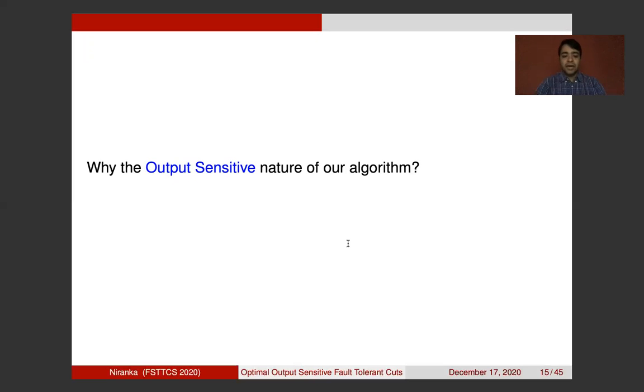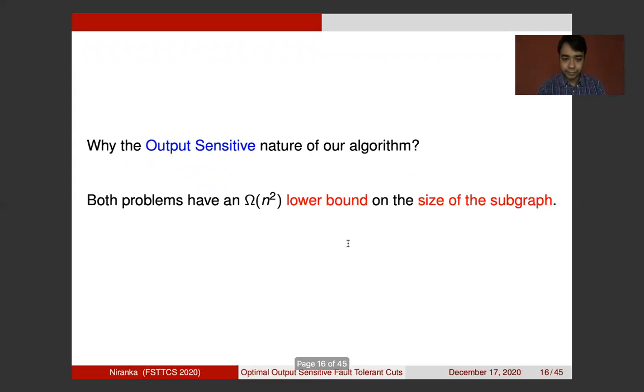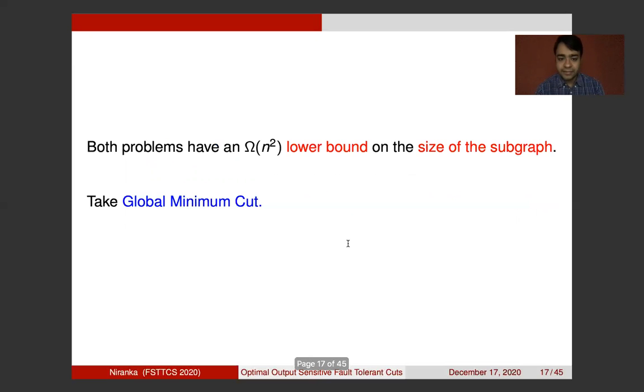Next, let's look at what the output sensitive nature of our algorithm means. Why do we require that? Note that both these problems actually have quite an easy omega n square lower bound on the size of the subgraph. Why is that?